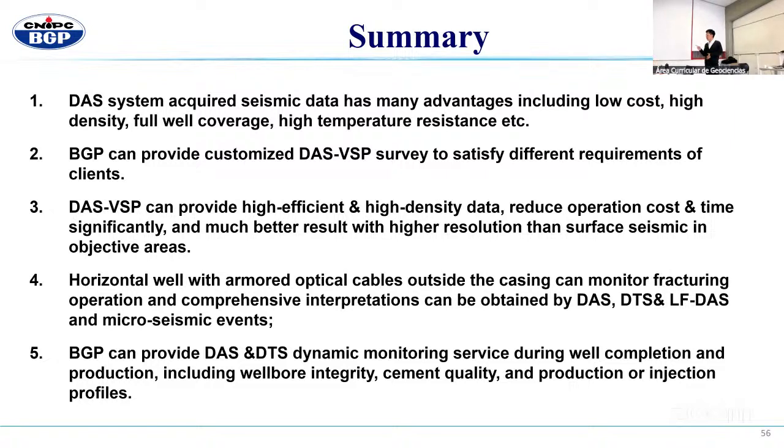If you're using DAS, it is single mode fiber, because you want the Rayleigh backscattering. But if you're using DTS, you connect the fiber to multi-mode. There can be more reflection inside the fiber. Yeah, the pathway is different. Single mode has only one pathway, but multi-mode has many pathways.